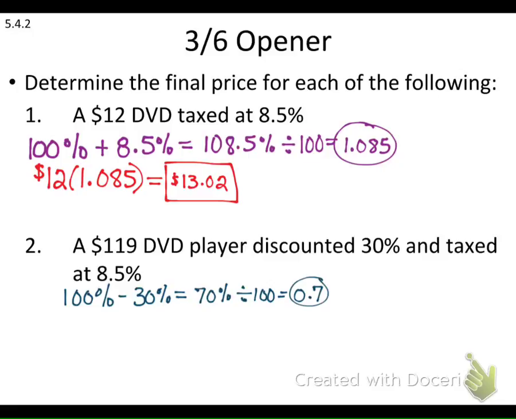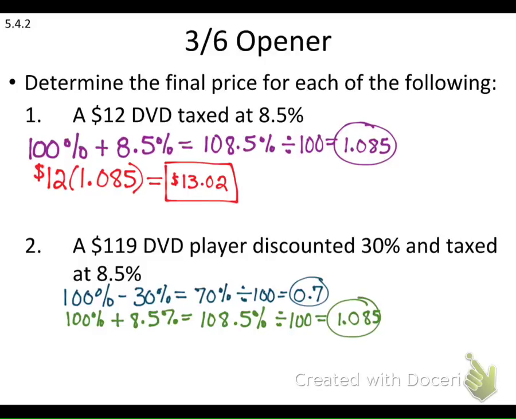Go ahead and do that for me, Rihanna. 8.5%, right? Okay. Equals 108.5%, divided by 100 equals 1.085. And I'm going to circle it.